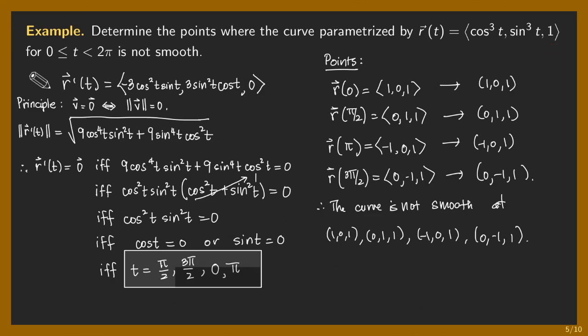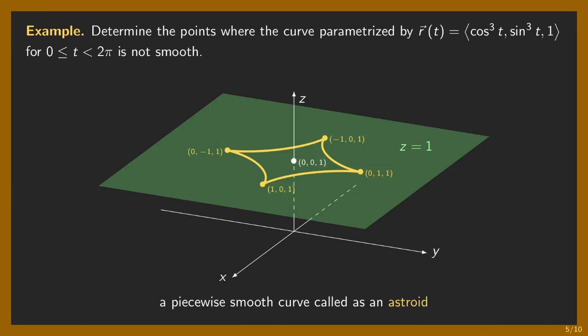So meaning the graph lies on the plane z equals 1, 1 unit above the xy plane. And there are 4 points where the graph is not smooth. In fact, I have graphed the curve for you.